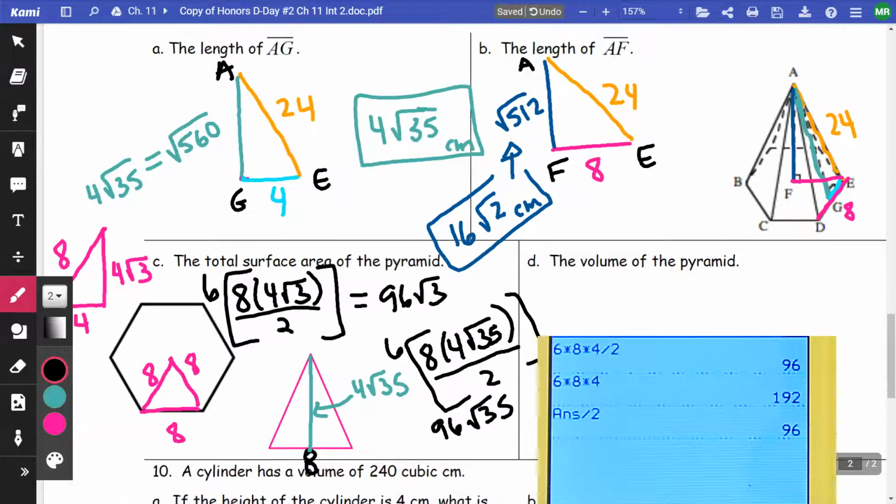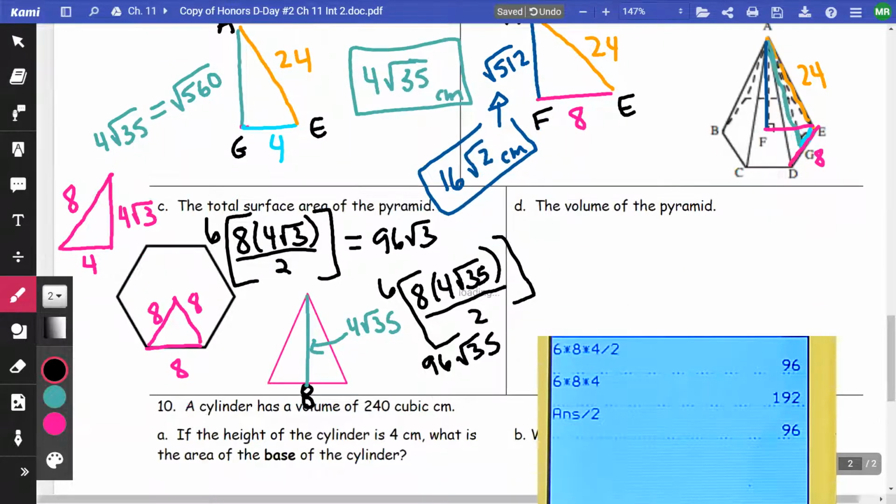Okay. So now I'm going to add these together. I'm going to just use the space over here. So my surface area is 96 root 3 plus 96 root 35 centimeters squared.